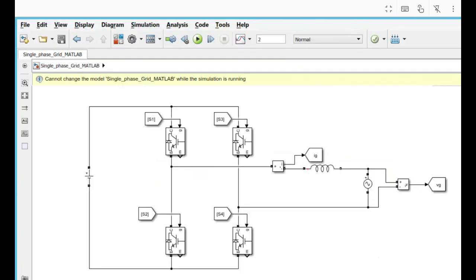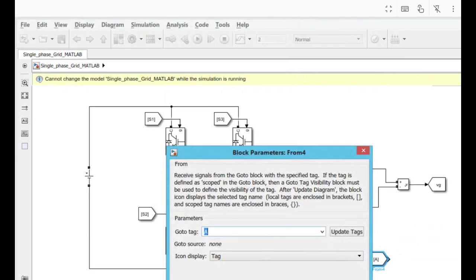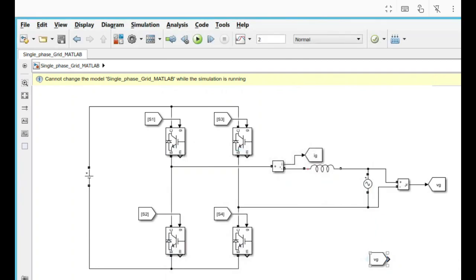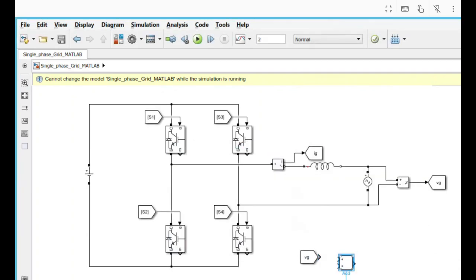First, we will use the From block, and in the From we are changing this to Vg, and we are using the add block.